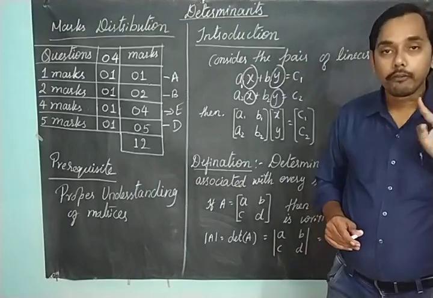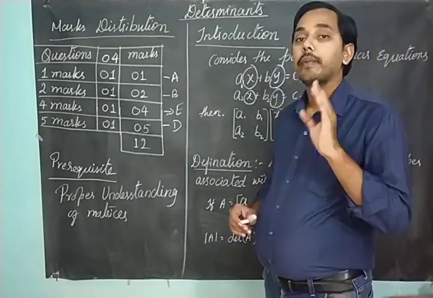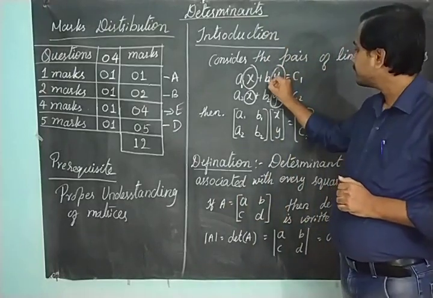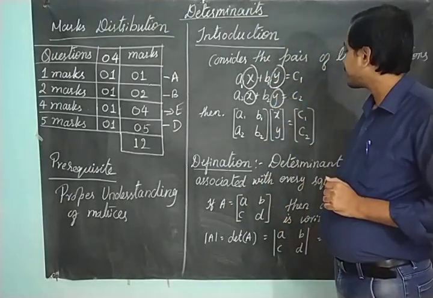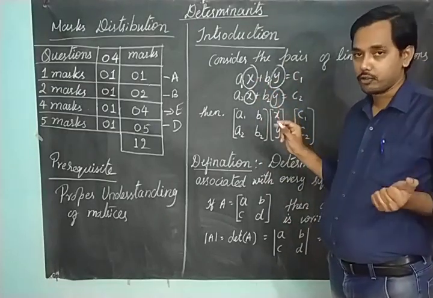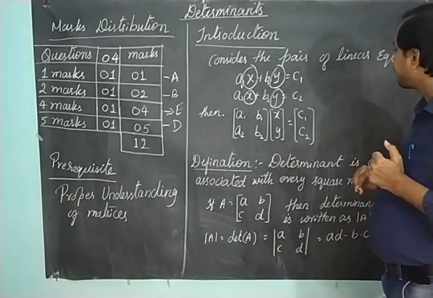Whether the system of linear equations has a unique solution or not, we find that with the help of the determinant. If you make use of the determinant, you can easily judge whether this system of equations has a unique solution or not. How? We have a standard form.